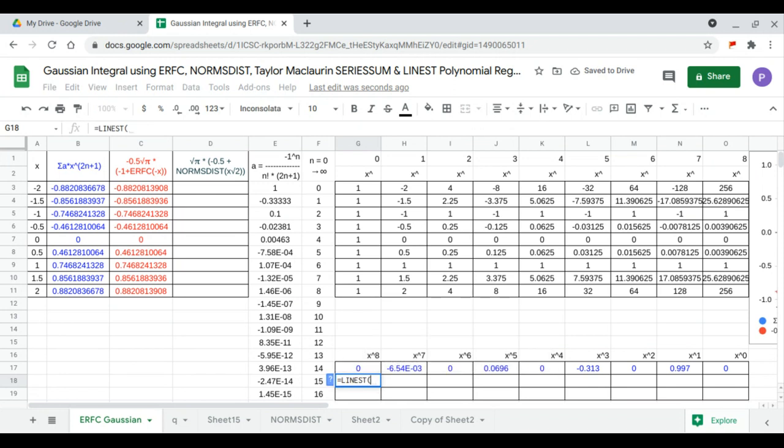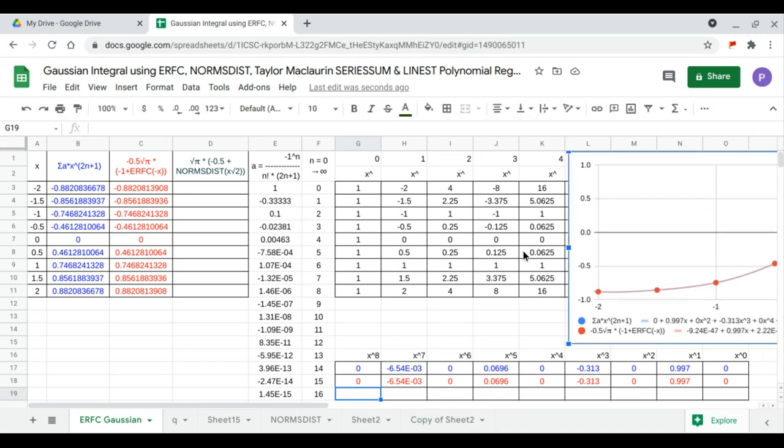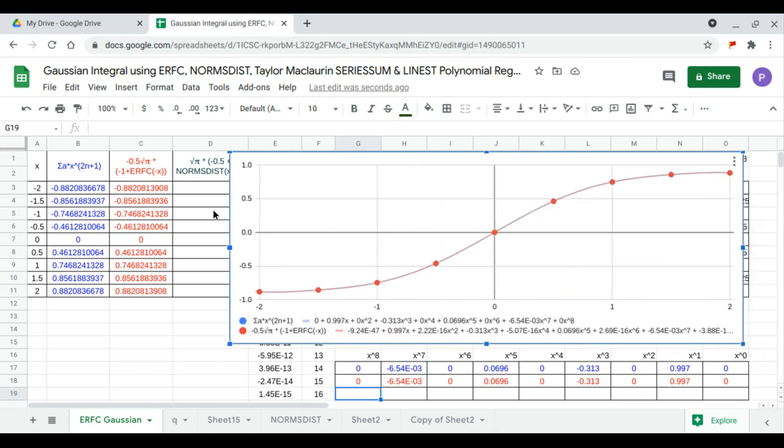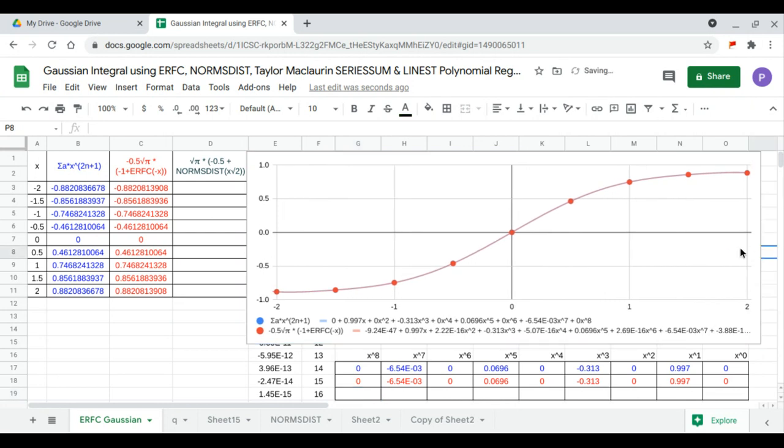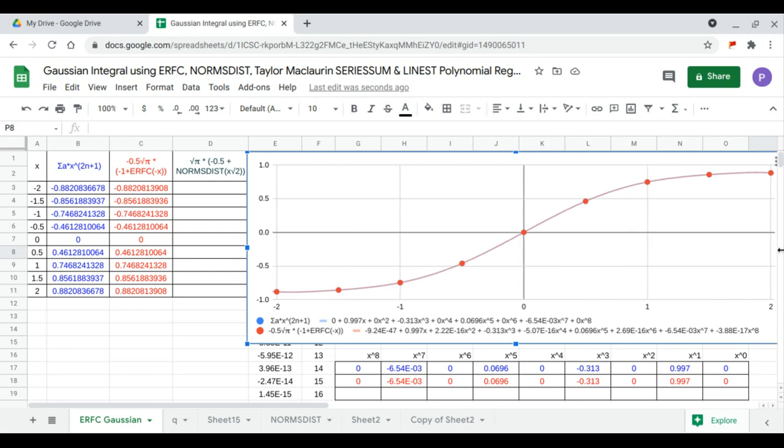LINEST data y and data x. So here you have the coefficients. Let's compare the coefficients.